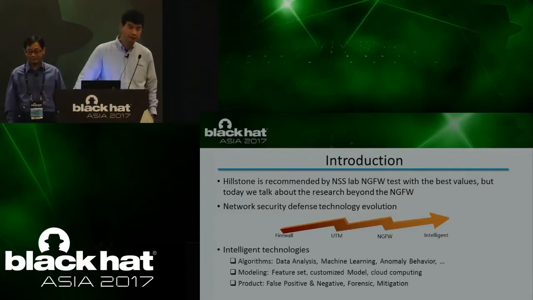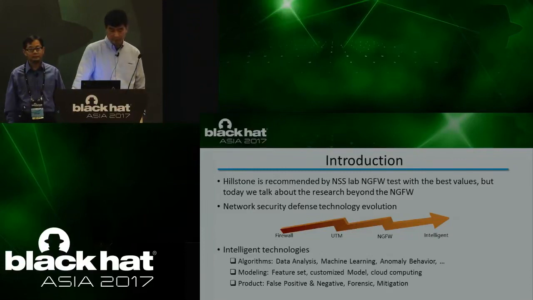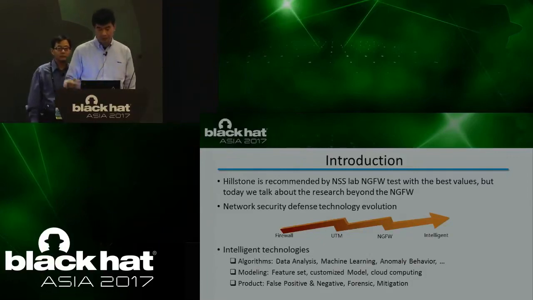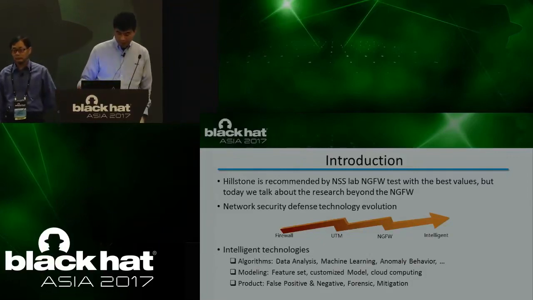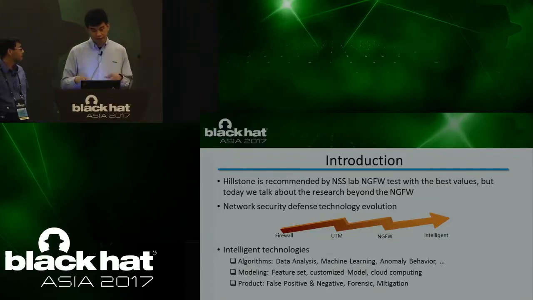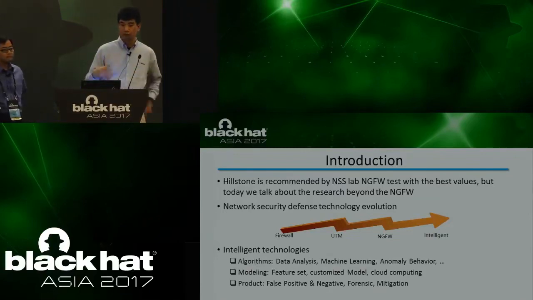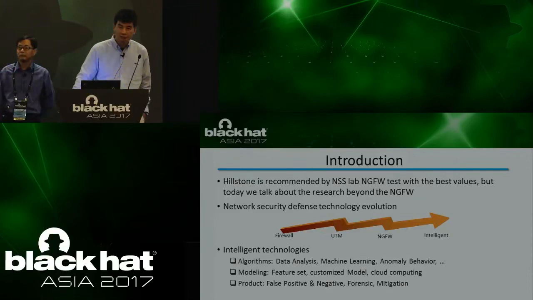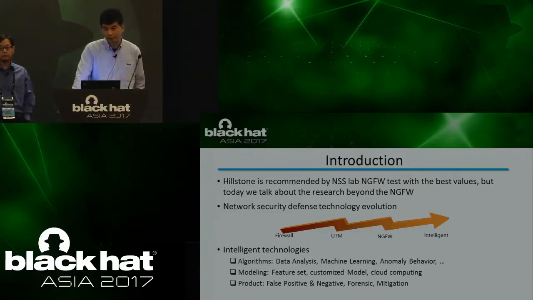From our view, intelligent technology from an algorithm perspective includes data analysis, machine learning, cloud computing, and behavior analysis. But for the model, it is kind of the same thing: you need to define the object, define the feature set, and build your own customized model and calculation. Because we are not only doing research but also products, from a product view we have a lot of experience.